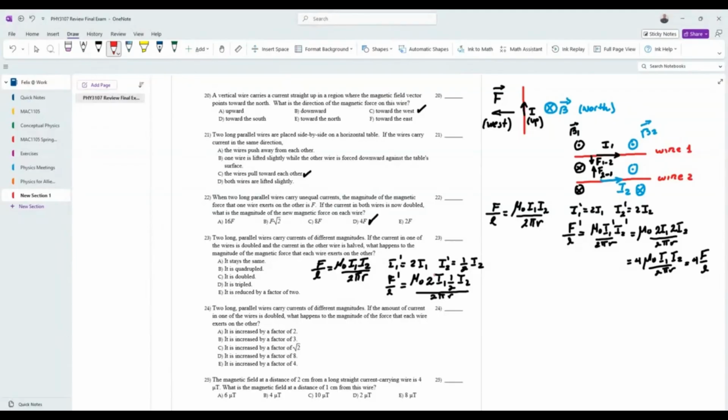Well, these 2 and this 1 over 2, they just cancel each other, right? Because 2 times 1 over 2 would be 1. So basically, you will get the same mu sub 0 I1 I2 over 2 pi r, right? So it's the same force per unit of length. So basically, the force didn't change, right? So it stayed the same.